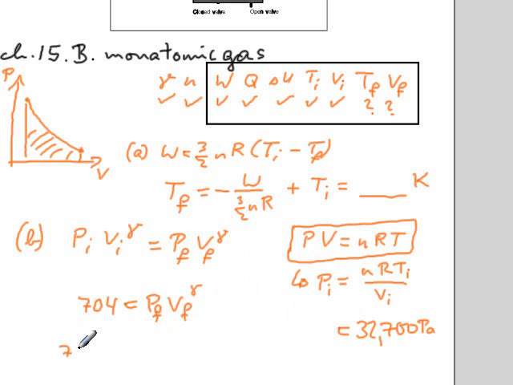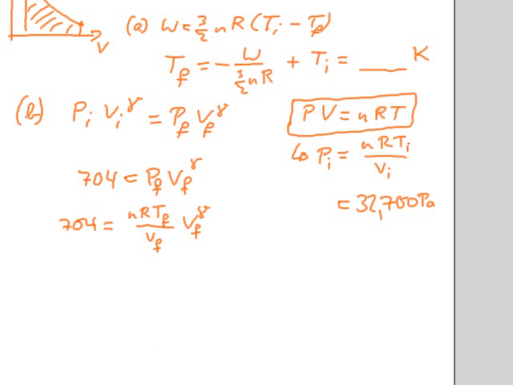So I'm going to have 704 equals, and getting rid of the pressure that I don't need, nR TF divided by VF times VF to the gamma. And actually in hindsight it does look quite convoluted at the end.